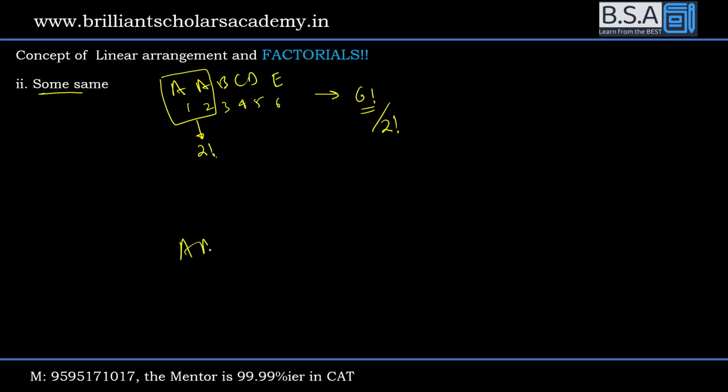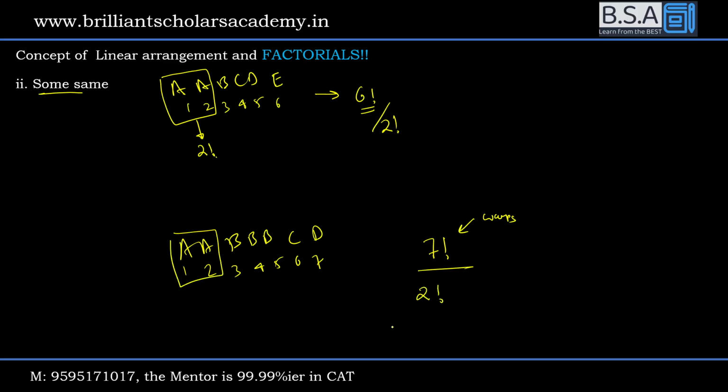If I have A, B, B, B, C, D, ऐसा कुछ आ गया. Arrangement जानना है. 1, 2, 3, 4, 5, 6, 7. There should be 7 factorial arrangements. Ways to put. But how many will these two contribute? There are two identical. 2 factorial.